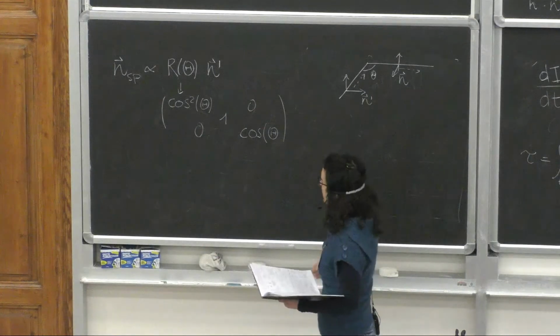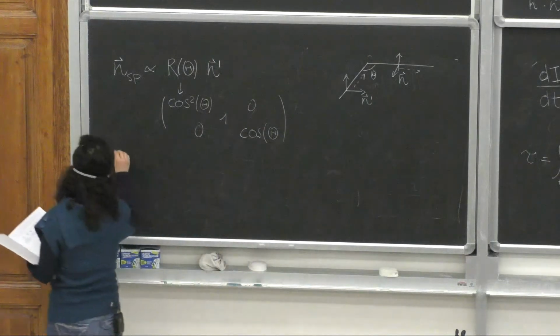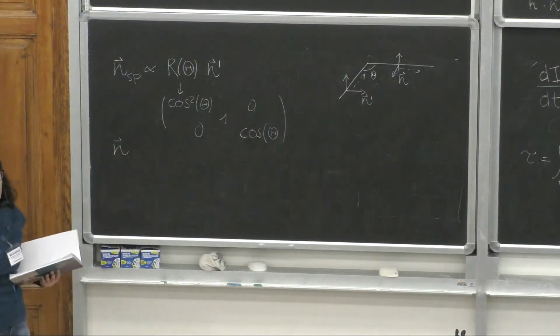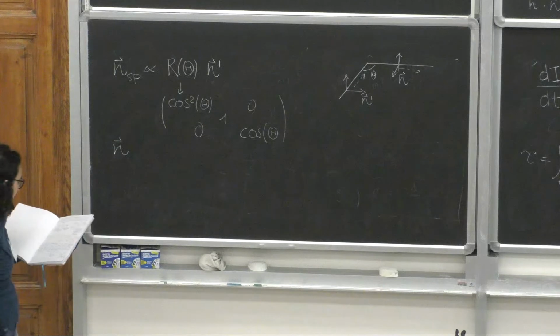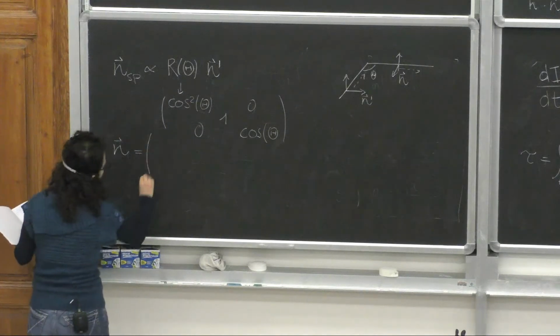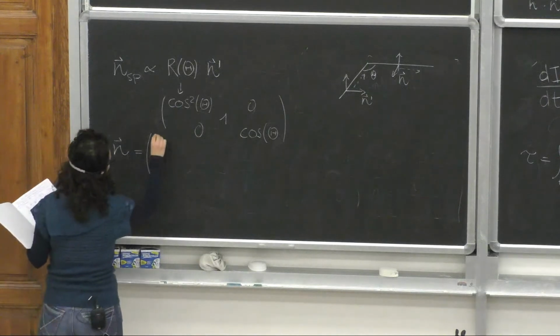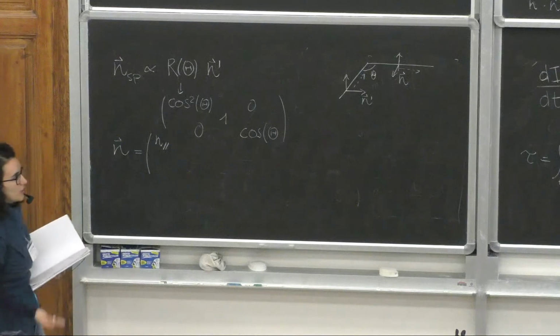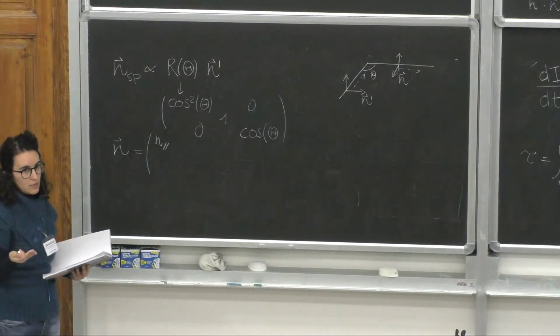Why? Because we can think of this vector n that represents the incoming and outgoing radiation as having 3 components. One component that is the radiation along the scattering plane.